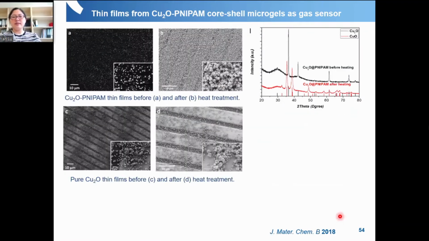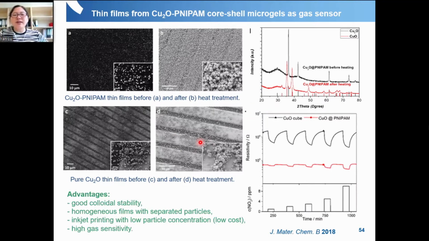Also, you see from the SEM images here that with the CuO particles after NIPAM coating, you have a much more homogeneous deposited substrate compared to pure cupric oxide nanoparticles. Here you see a lot of aggregation, and it is inhomogeneously deposited on the substrate. That's why, when we test the gas sensor behavior, the NIPAM coated systems show much better gas sensor sensitivity, the red points here.